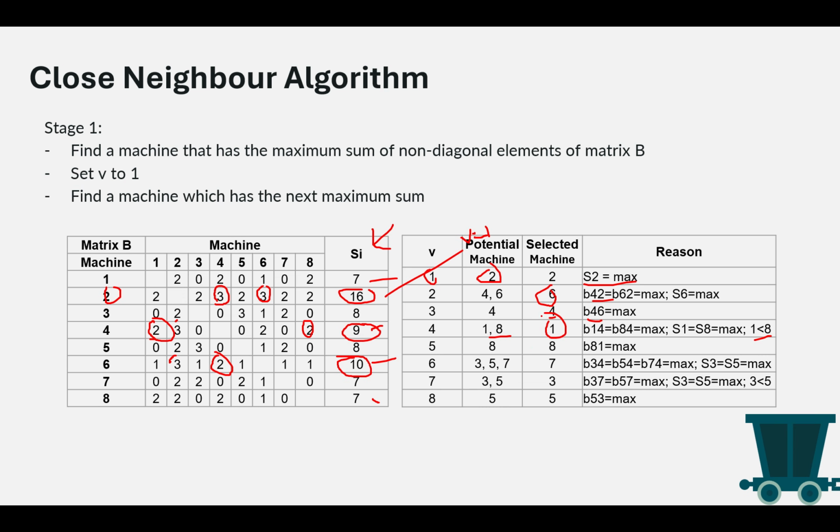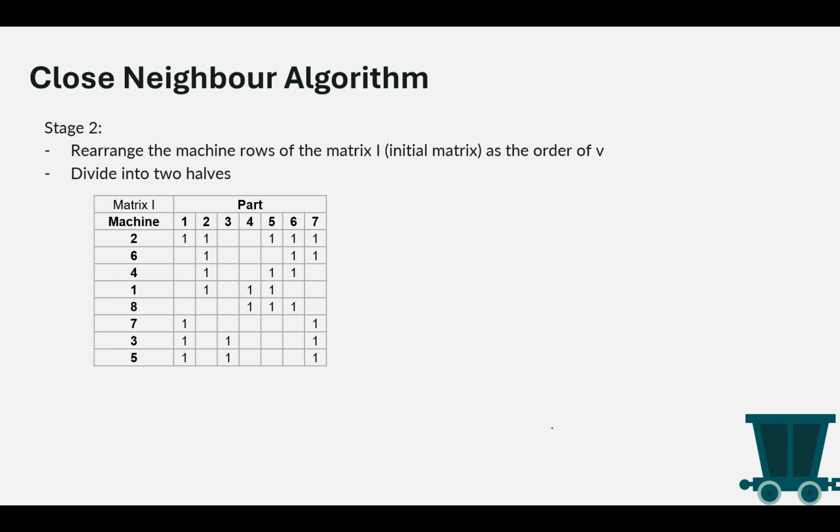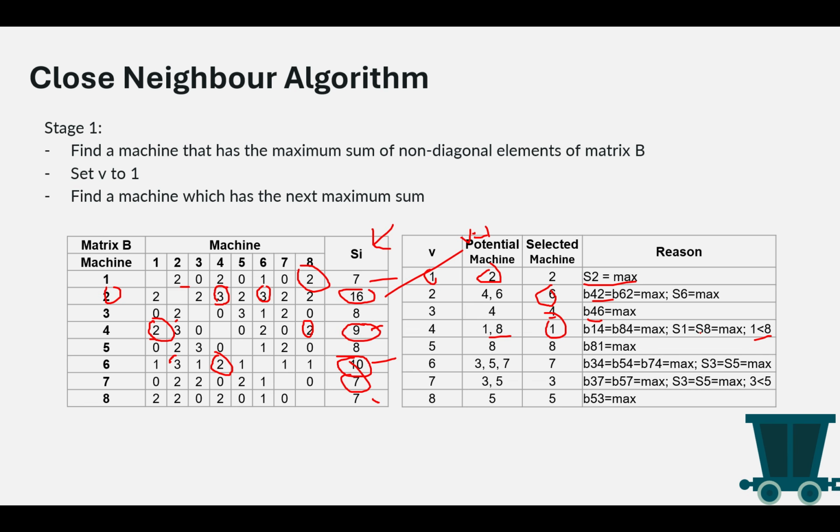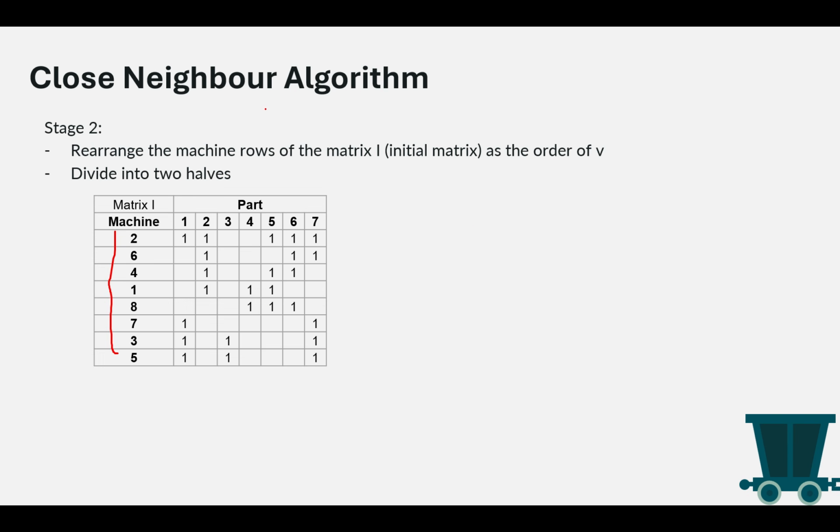We choose 1, and after 1 has been selected, we choose 8, until we get the whole row. And then we can rearrange the machine row as the previous V order, and then we can divide it in half.